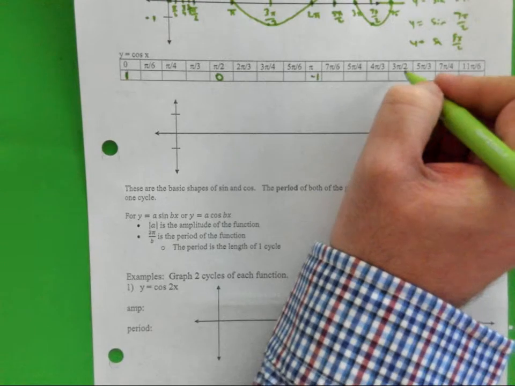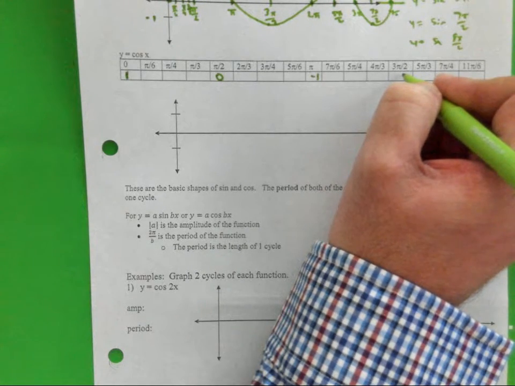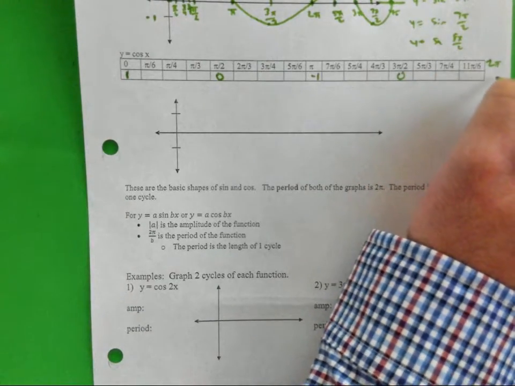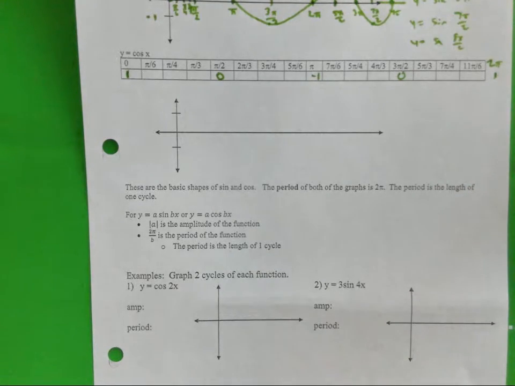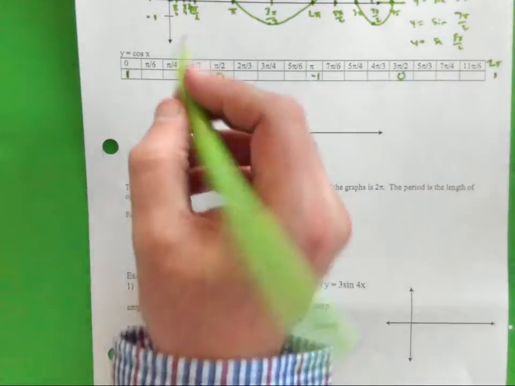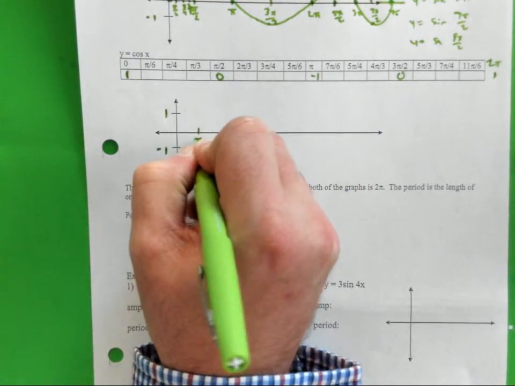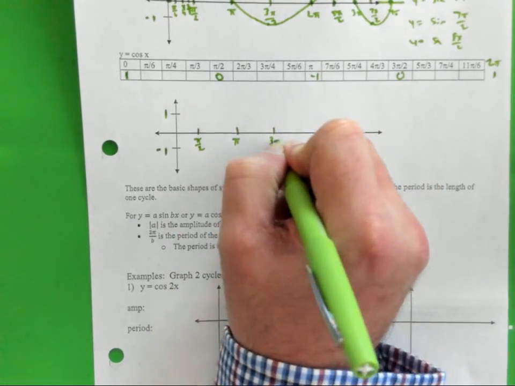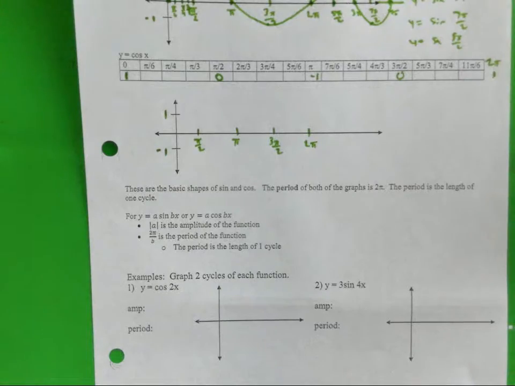Negative 1. Cosine of 3 pi over 2. 0. Cosine of 2 pi. 1. Remember, cosine is your x value. We're going to graph those points.